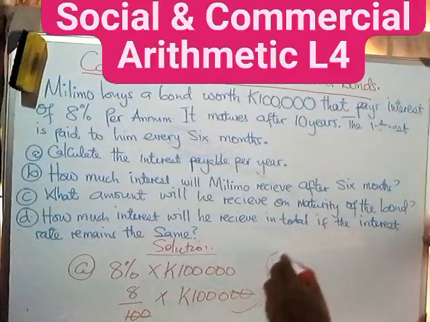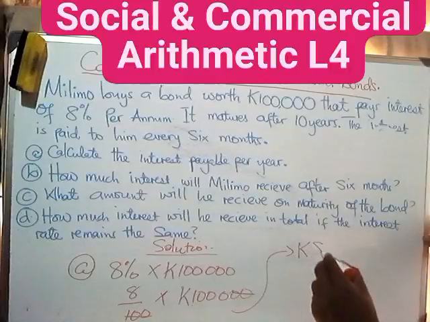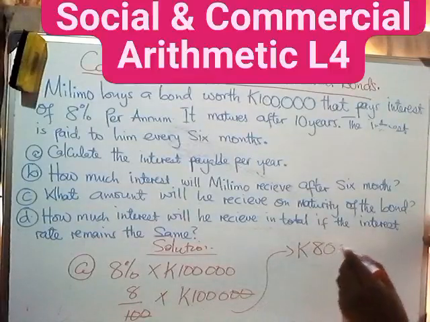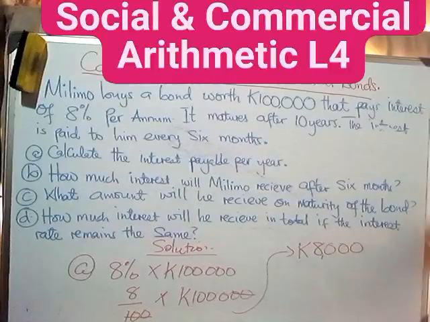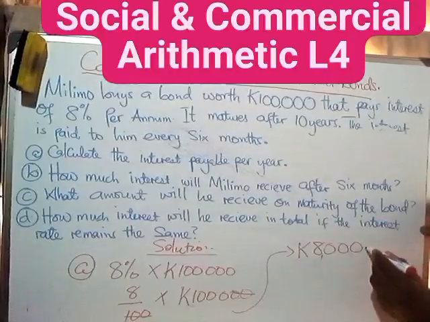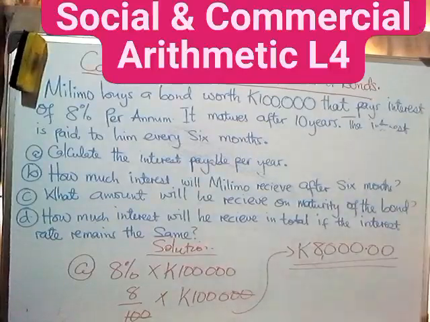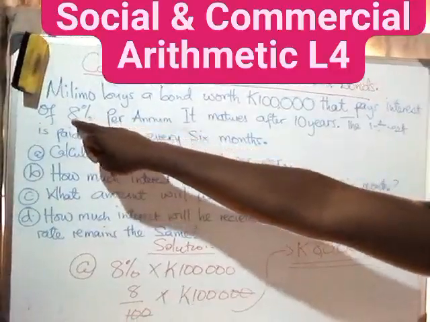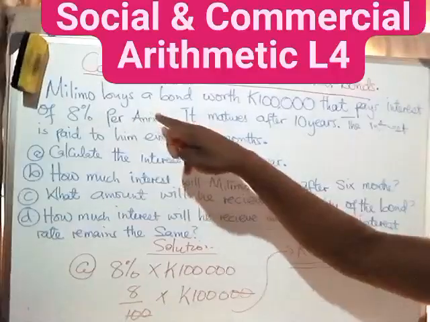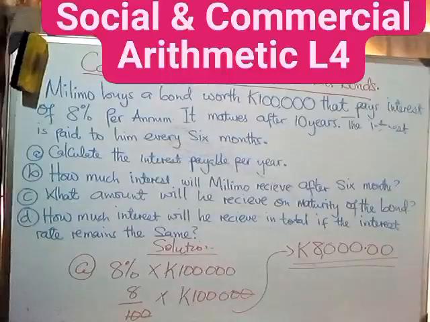So this means that our final answer will be 8 with 3 zeros, meaning 8,000 kwacha. 8,000 kwacha will be the amount per year. Why? Because the 8% is per annum. Per annum means per year. So that is what we are going to have after a year.